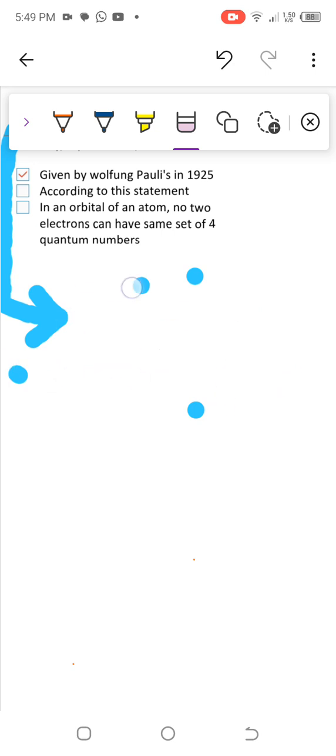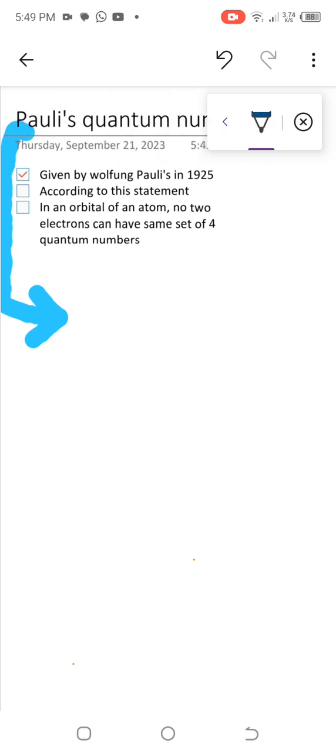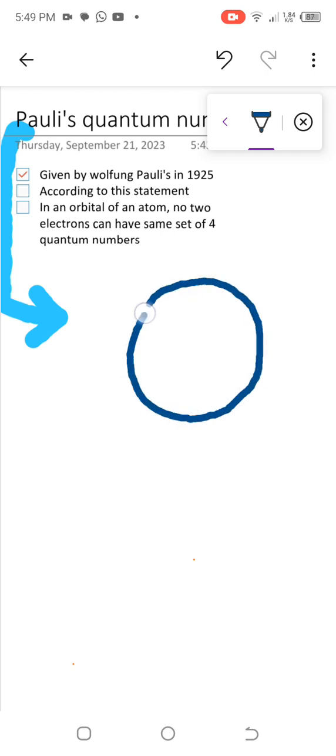Here you may take the concept of that. Suppose here we have one nucleus and two electrons present.